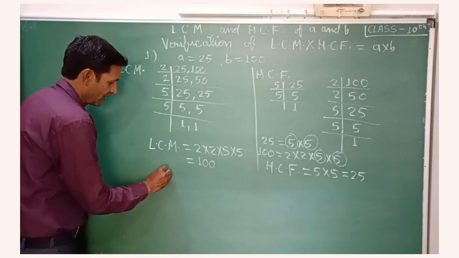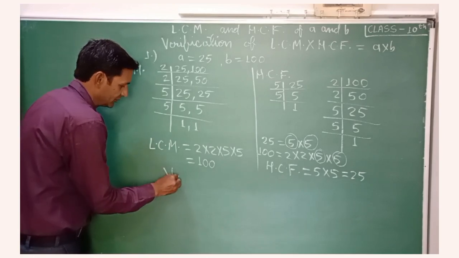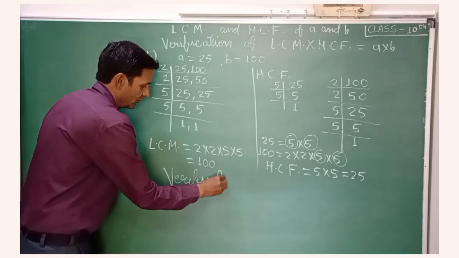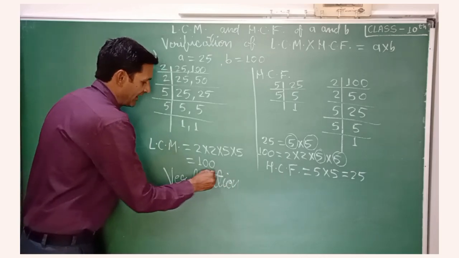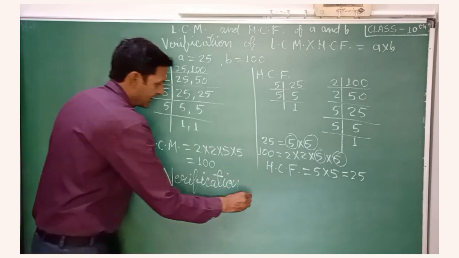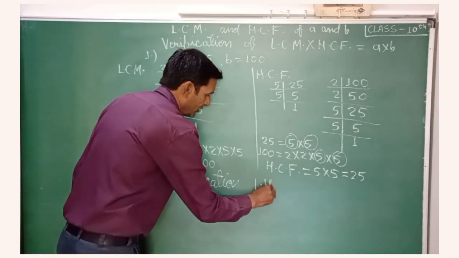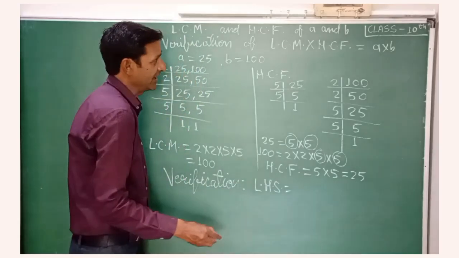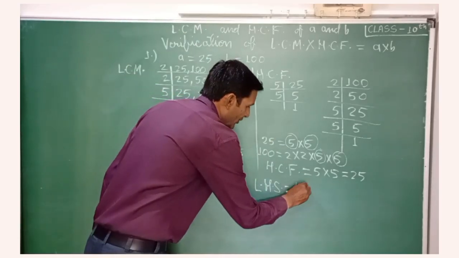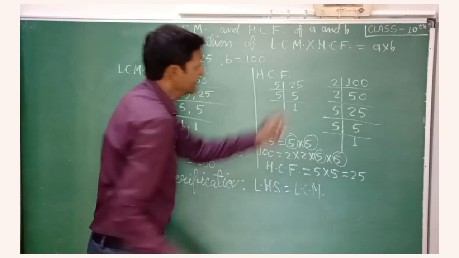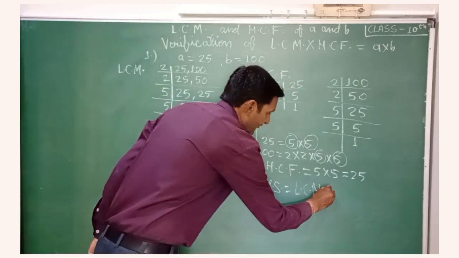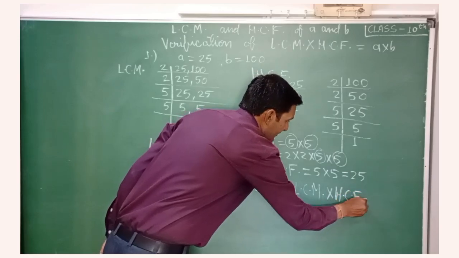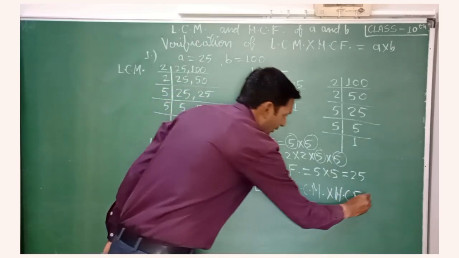So verification I am doing now. In verification, let us take LHS first of all. LHS I am taking, that is LCM into HCF. What is LHS? LCM into HCF, that is equal to 100 into 25.